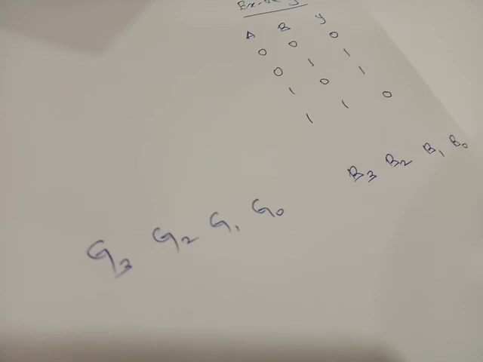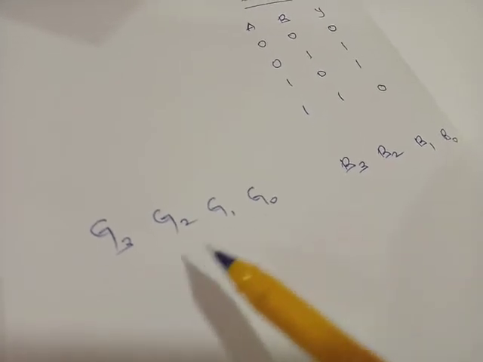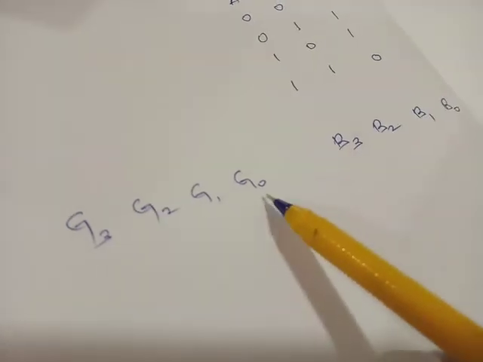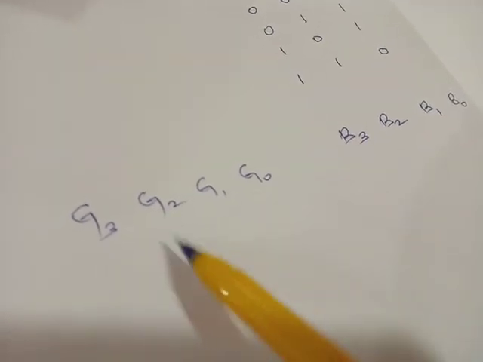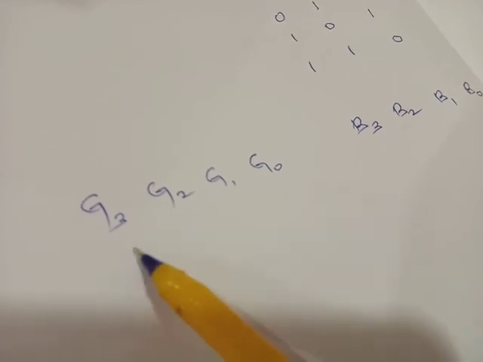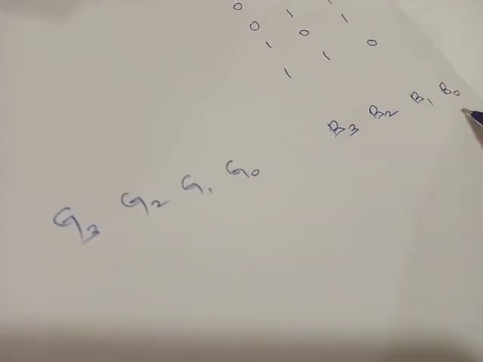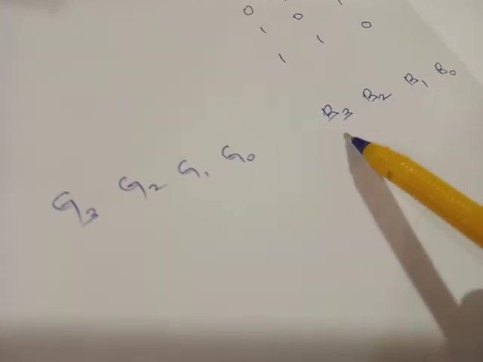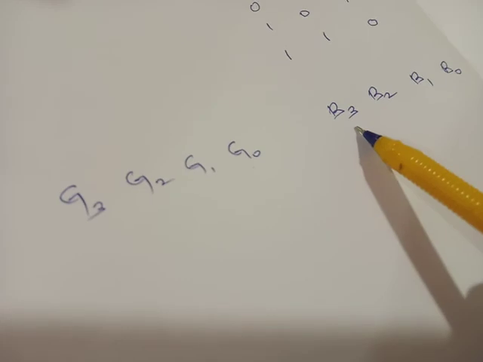So now we are going to convert 4-bit gray code to binary code. So this is your gray code LSB, this is your MSB. G0 is the least significant bit and G3 will be the most significant bit. And for binary, B0 is the least significant bit and B3 will be the most significant bit, right?